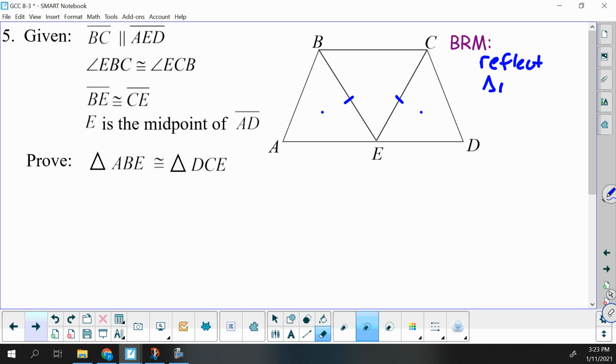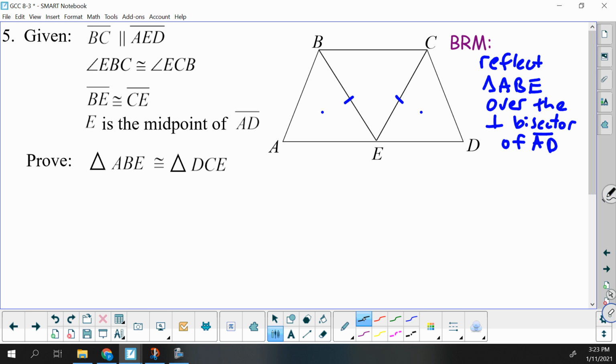So we'll say triangle ABE over the perpendicular bisector of AD. Because that line is not actually drawn in, so that's the best we can do to describe it. And you could say the perpendicular bisector of BC as well. That's the same thing.